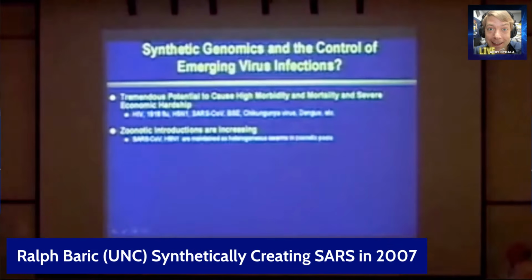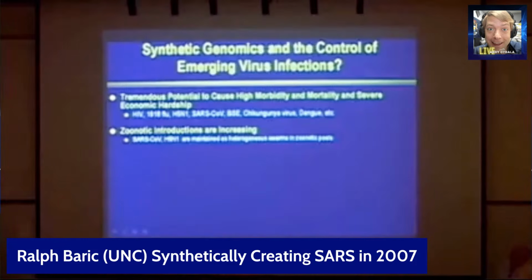synthesis. Now, I'm going to talk about synthetic genomics in the context of a platform to control emerging infectious diseases. If you think about emerging viruses, they have tremendous potential to cause high morbidity and mortality and severe economic hardship. Good examples are HIV, the 1918 flu, SARS coronavirus, H5N1, chikungunya virus, probably most recently.